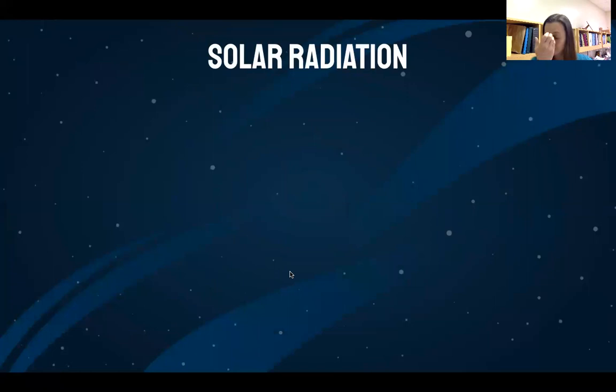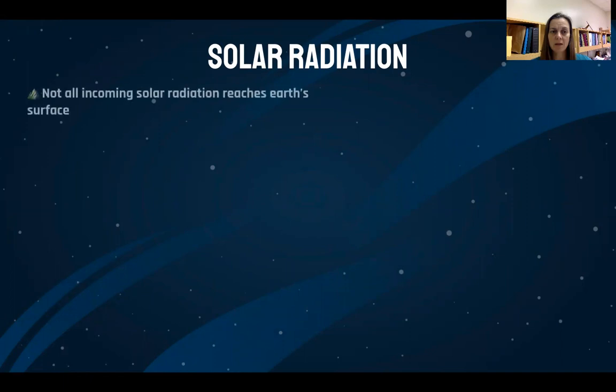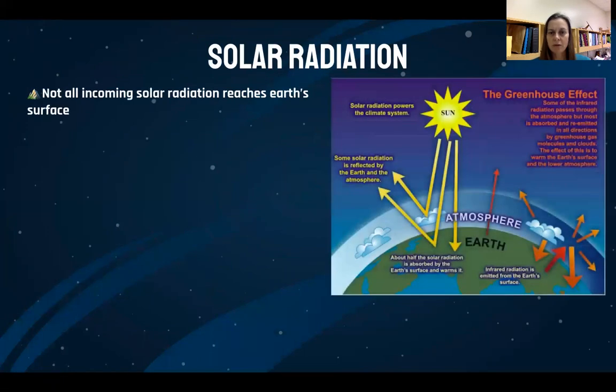So the greenhouse effect starts with solar radiation. That is energy coming in from the sun. But not all of the radiation from the sun actually reaches the Earth's surface. So some of our solar radiation is going to be reflected by the atmosphere.